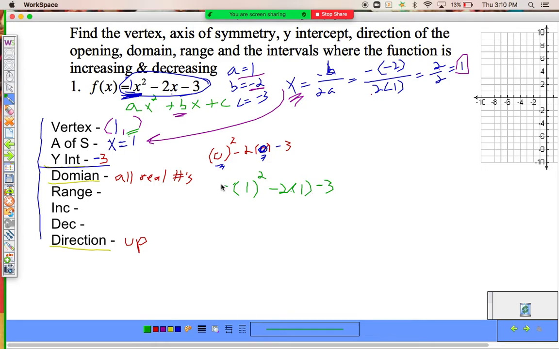To find the rest of my vertex, I'm going to put my axis of symmetry into the equation that I started with and evaluate. So I plugged in 0 to get my y-intercept. I'm going to plug in my axis of symmetry to get the y value of my vertex.